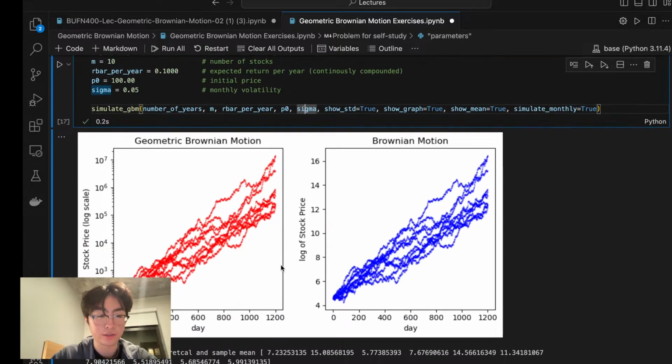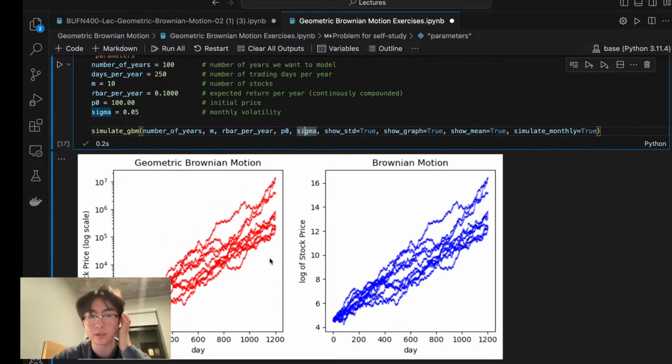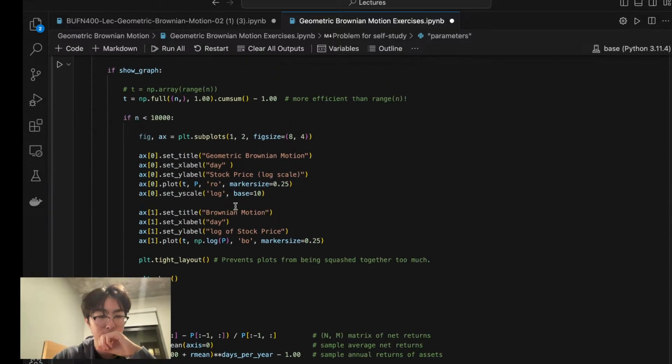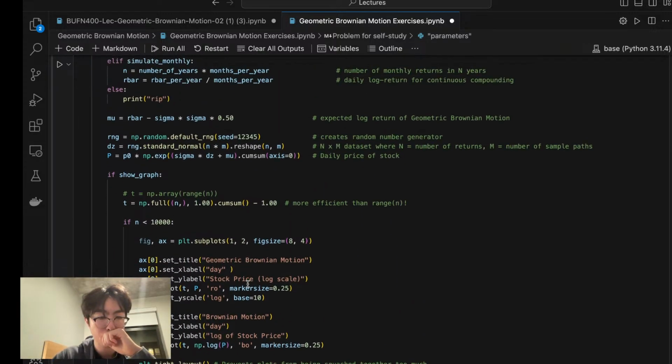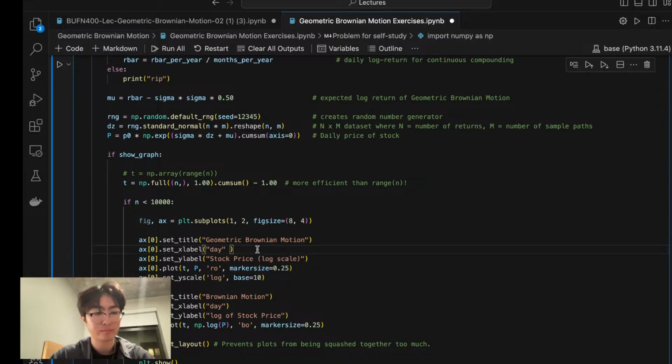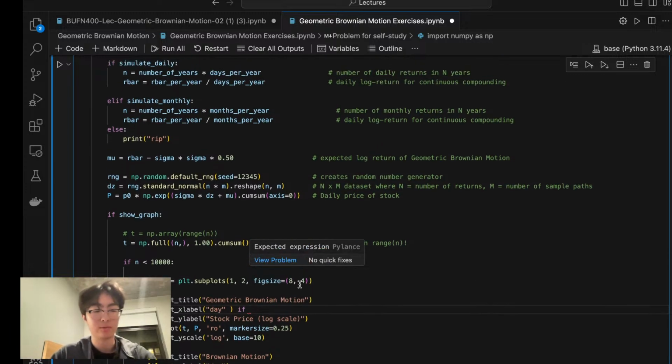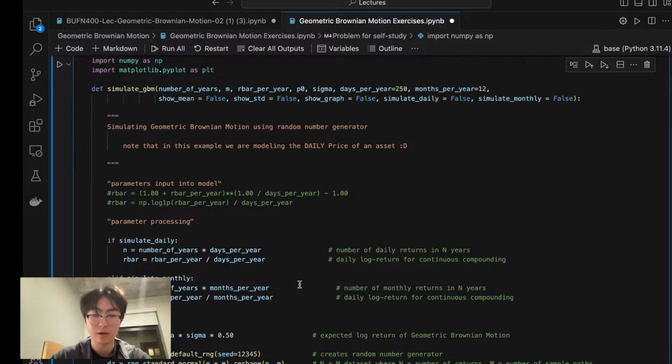So we have 100 months. Oops. Okay, so I think we could do a ternary operator.